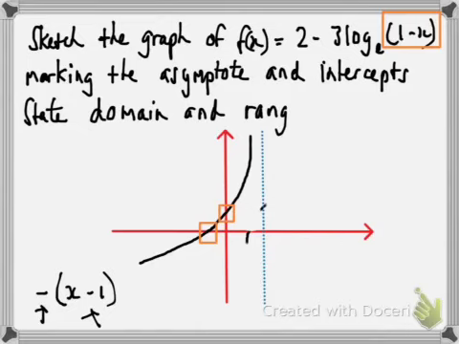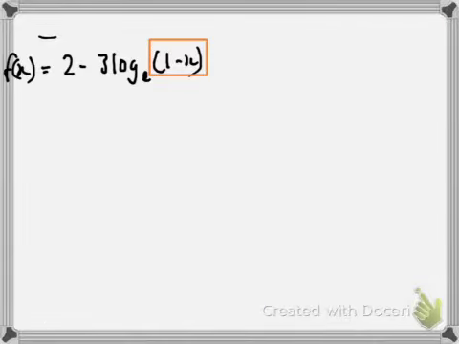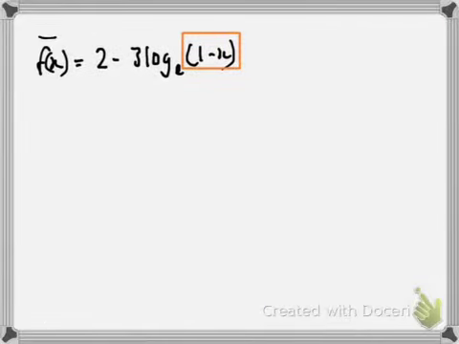Alright, so let's look at now finding the long way, the x and y intercept. We know where the asymptote is now. Alright, so here's our function. Y-intercept, we make x equals 0.